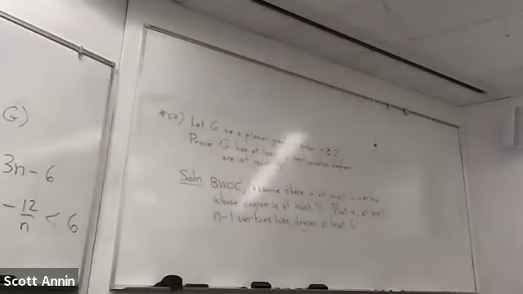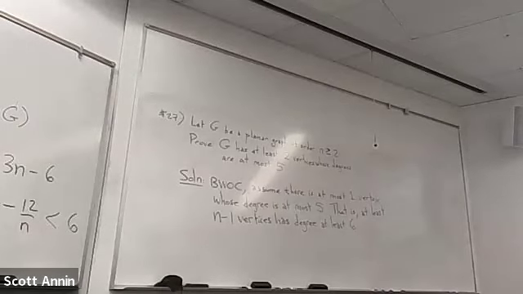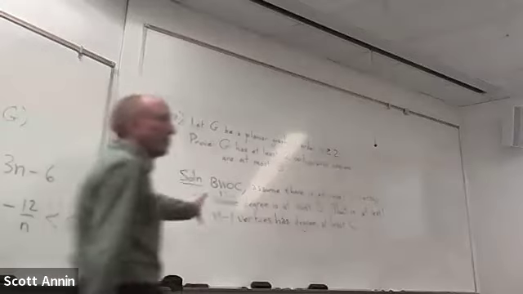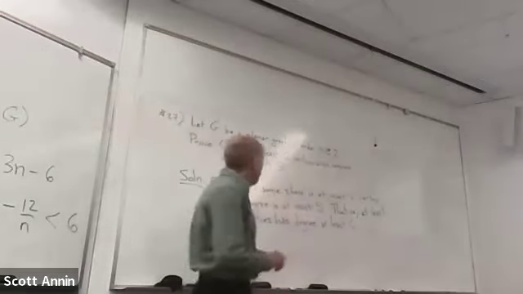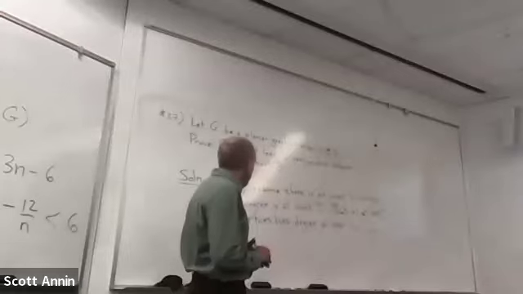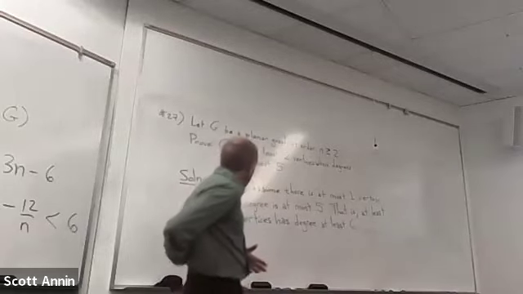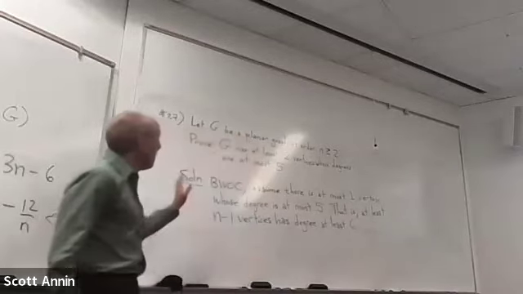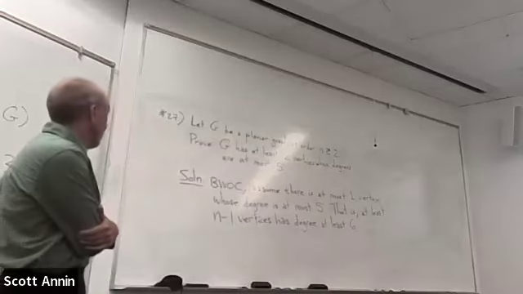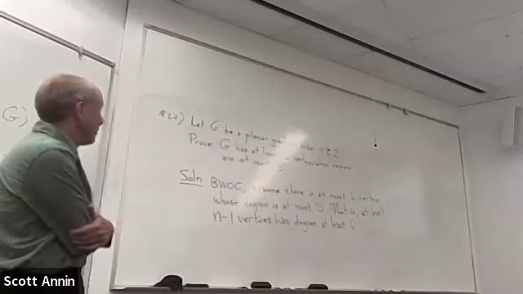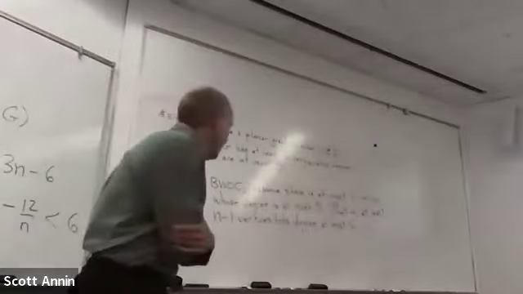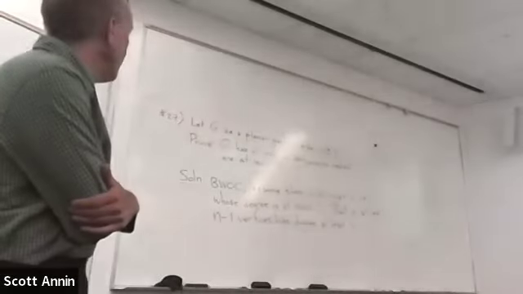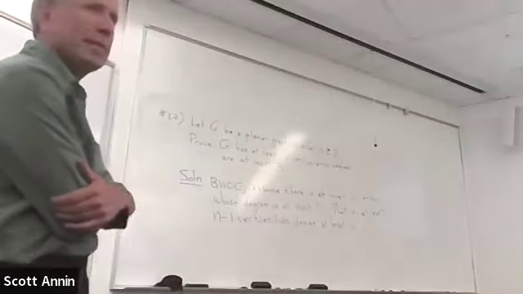So all but one. You cannot have 2 vertices of degree 6 or more. Yeah, there's maybe one vertex that could have degree less than 6. All of the others have degree at least 6. Make sense?